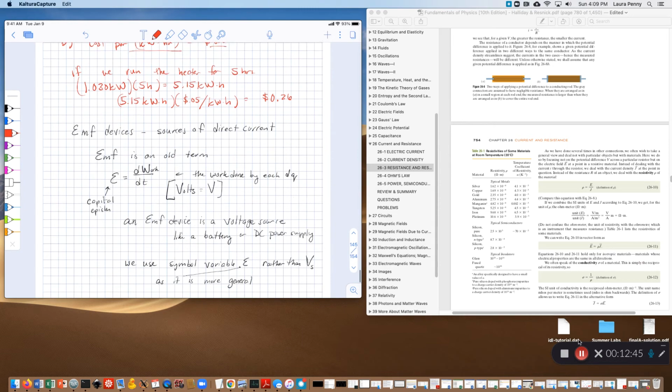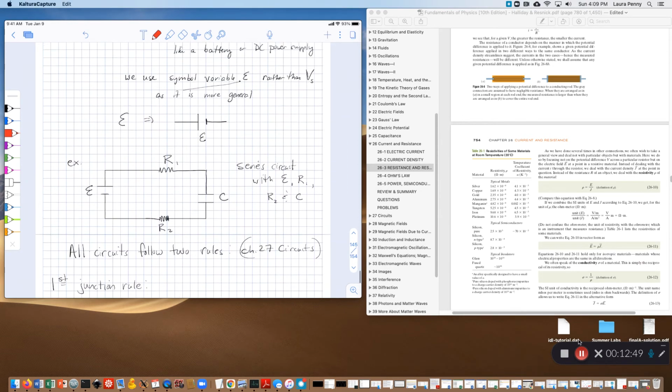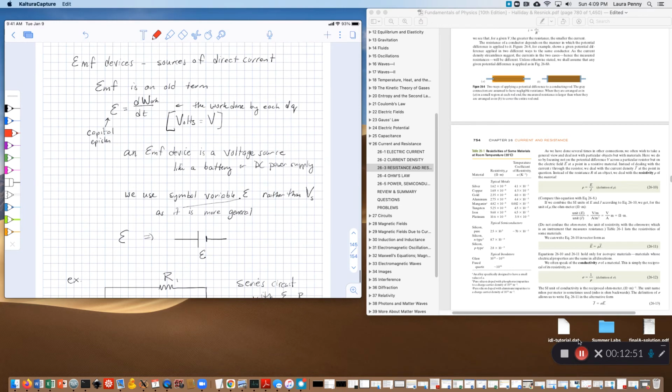One more thing I want to talk about in this chapter is another way of talking about a voltage source. I said that I wasn't going to use the VS symbol. So instead of that, we're going to talk about EMF devices. An EMF device is a source of direct current. EMF is an old term.